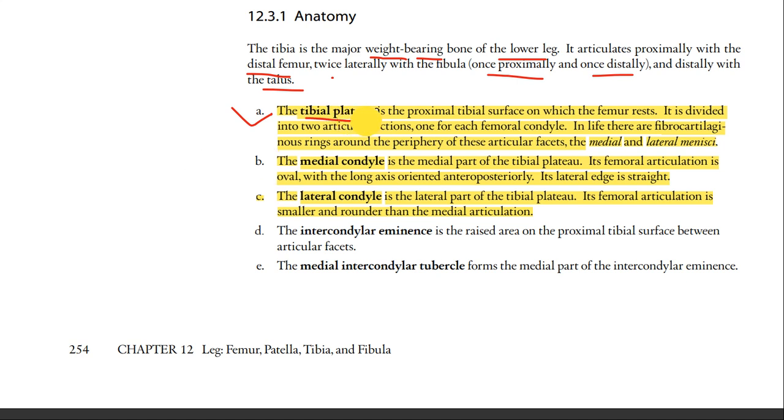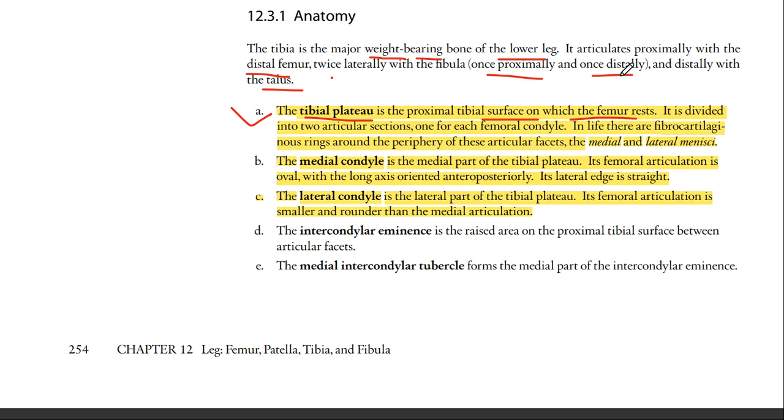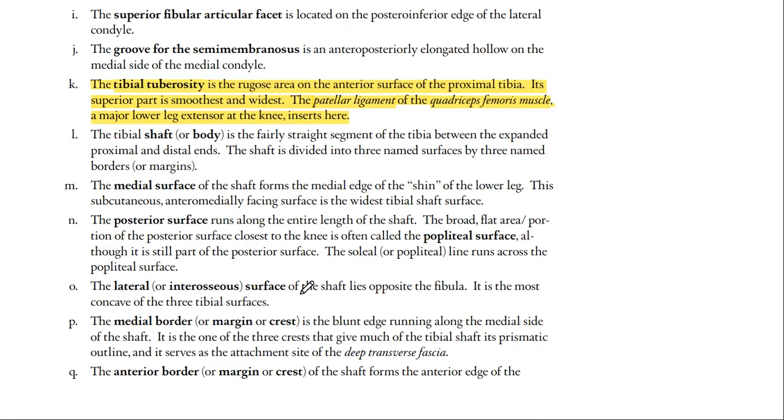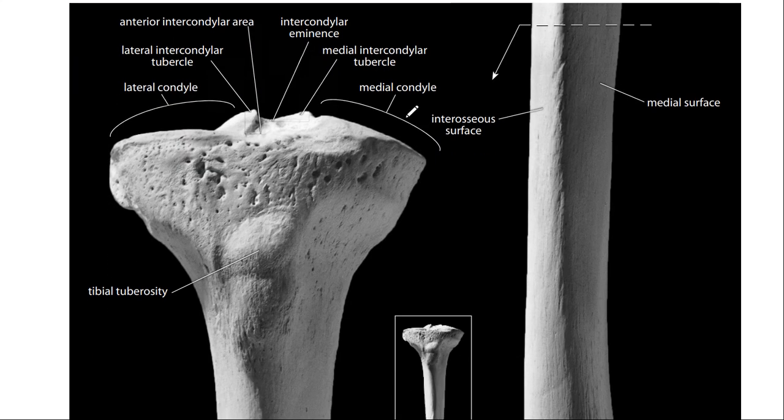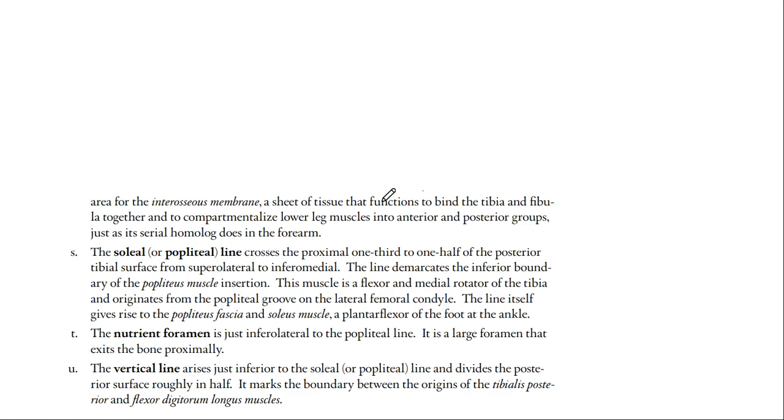So therefore the tibial plateau on the head or the proximal side of the tibia is basically the place where the femur rests upon, not like a lock and key, but it sets upon it. Because here we cannot see any fossa-like structure, we cannot see any depression where the condyles or the other part of the femur could be locked into. So it's just the surface where the upper bone or the femur is being set upon, right?